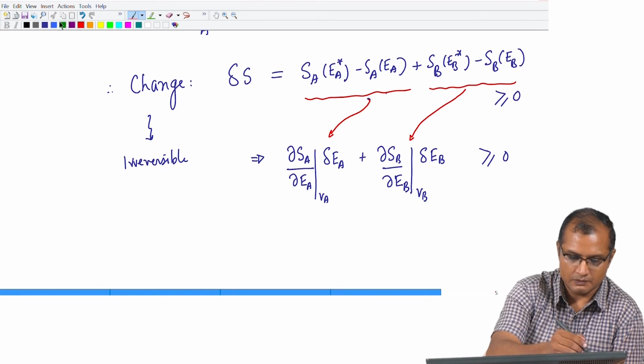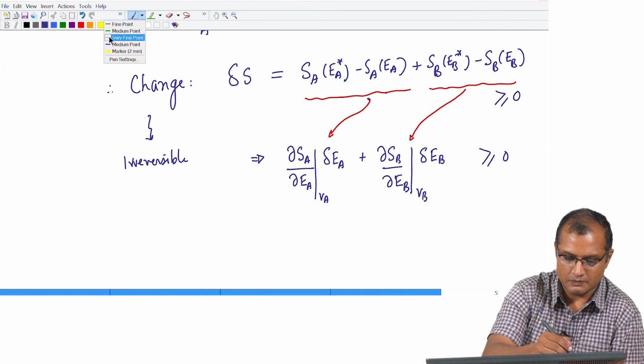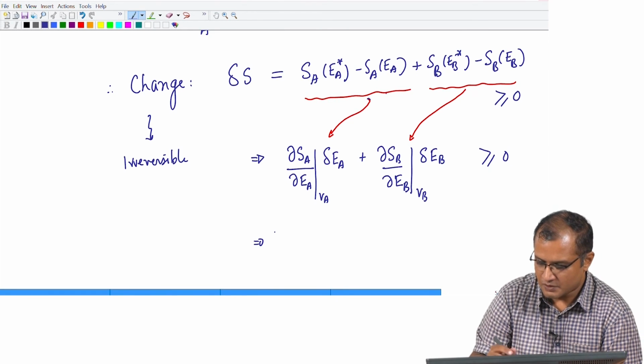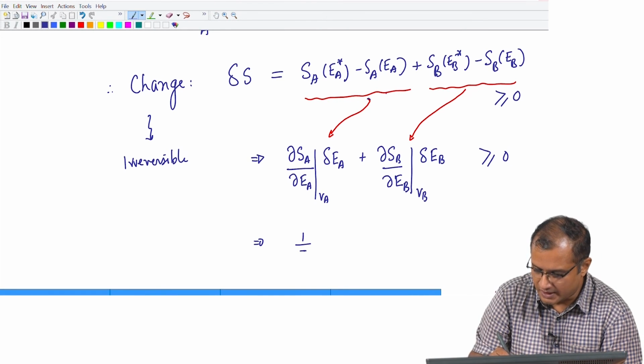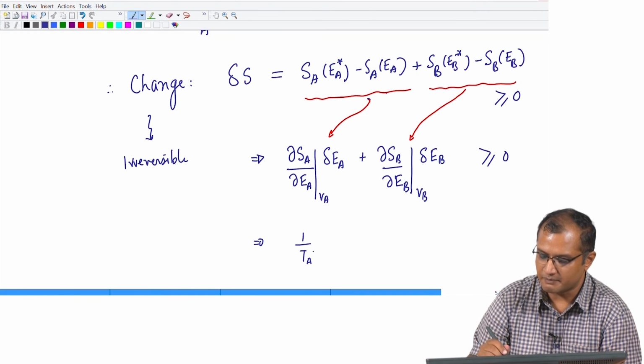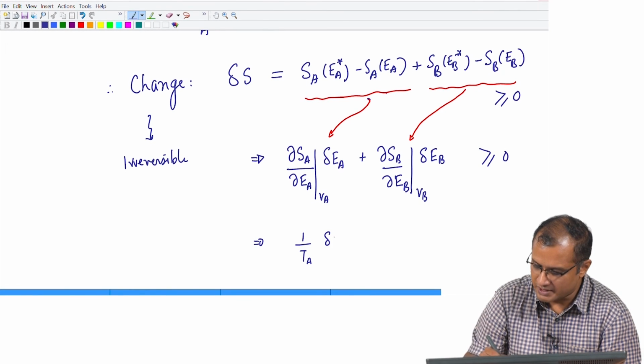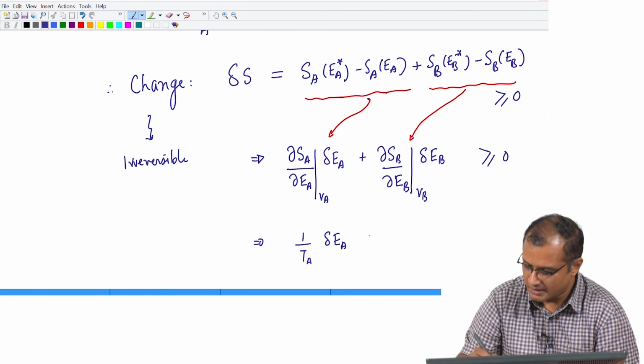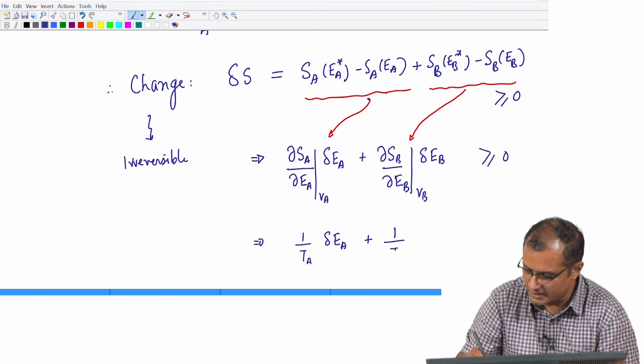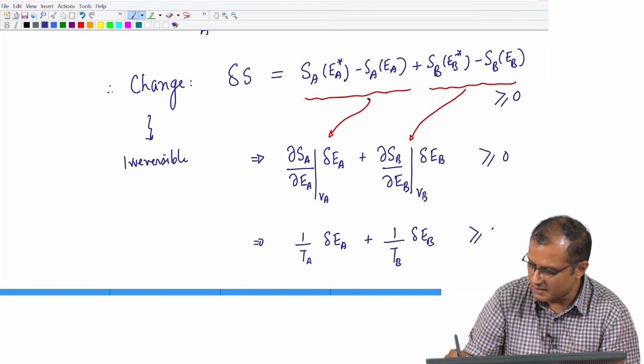Now, this quantity is nothing but 1 upon T A, from the definition of temperature, into delta E A, plus 1 upon T B into delta E B, which is greater than or equal to 0.